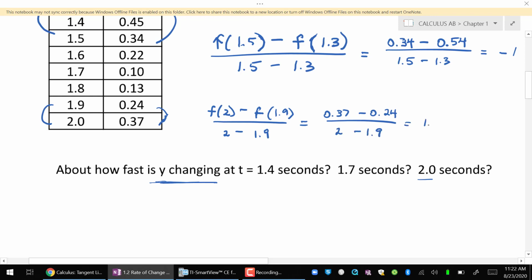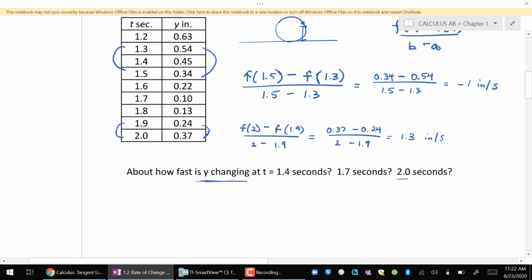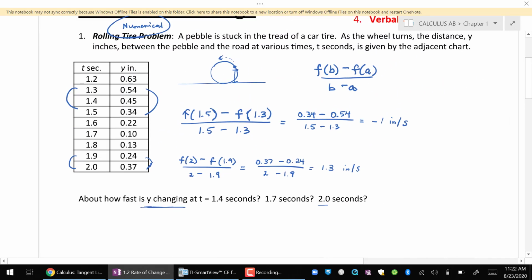So approximately 1.3 inches per second would be the rate of change at 2 seconds. And again, these are all approximations. I have nothing very exact or precise here, and it's okay to have an estimation in these problems. But I do want to make sure I understand what the units are telling me.